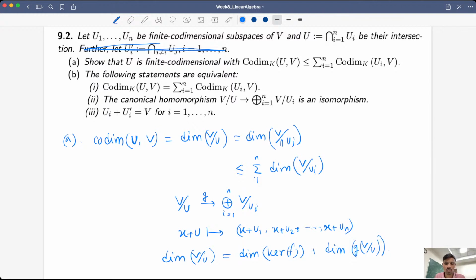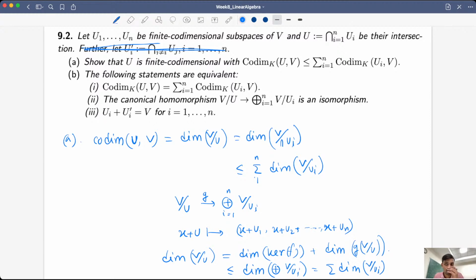And if it were onto, then I would get that this is the whole thing and the kernel is 0. So this is bounded above by the dimension of the direct sum of V mod Ui, and this dimension equals the sum of the dimensions of V mod Ui. So that's how it is bounded above.